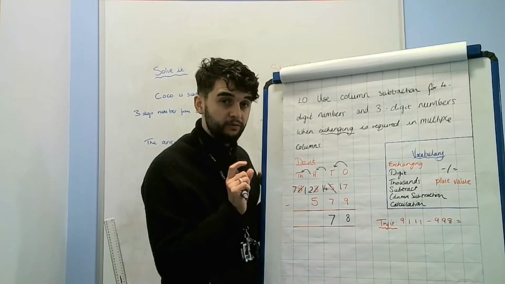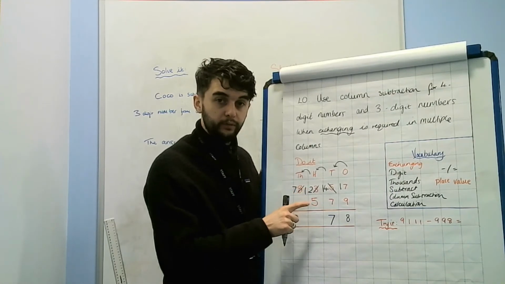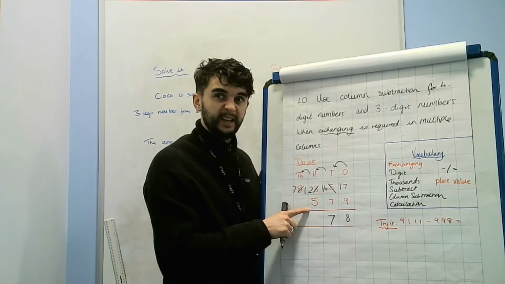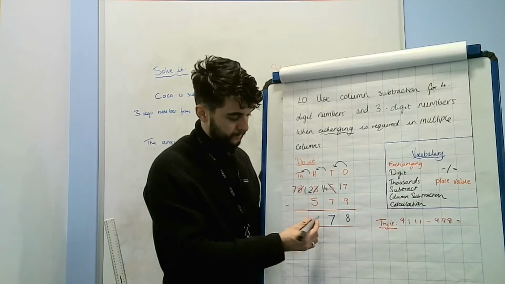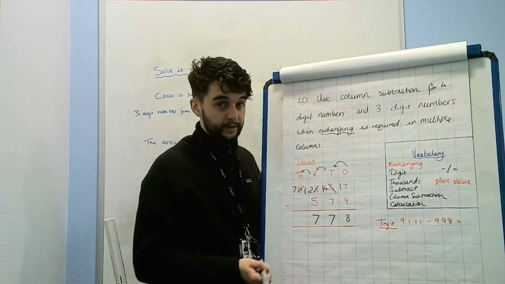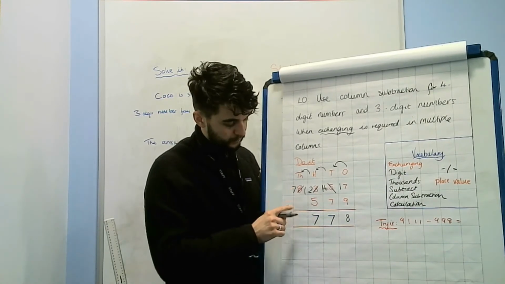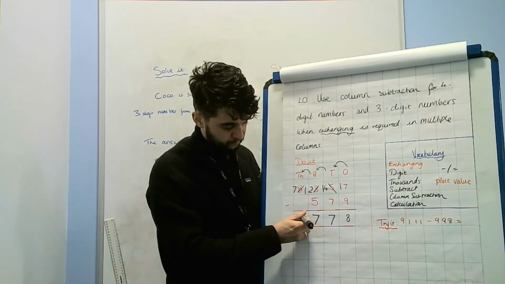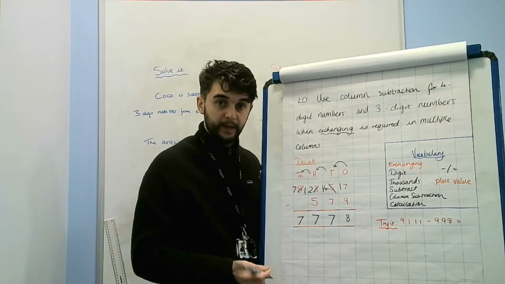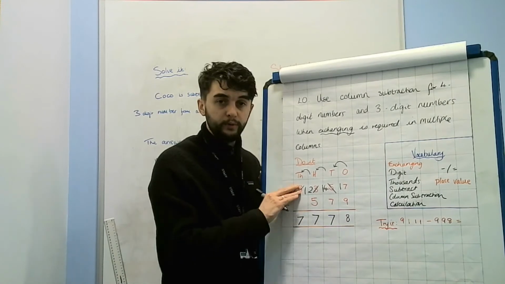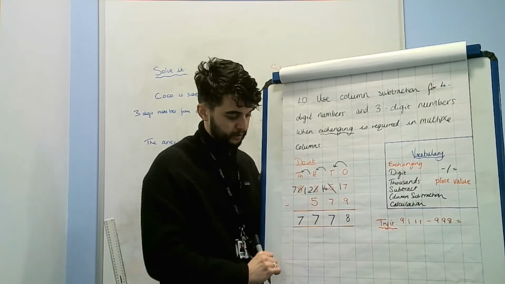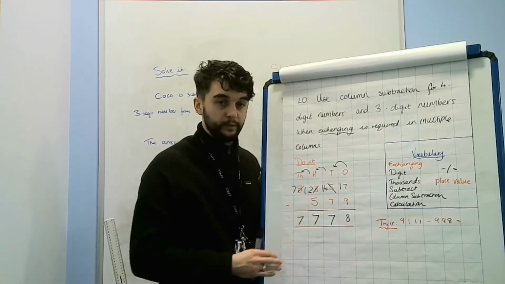Or if we make it 100 times smaller, 12 subtract 5. Can I do that? Yeah, much easier. 7. Okay? 7 subtract nothing equals 7. And there is my answer. 4-digit number subtract a 3-digit number gives me this 4-digit number here.